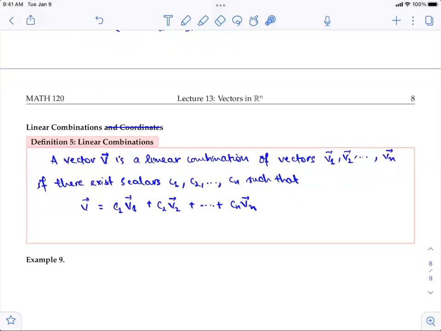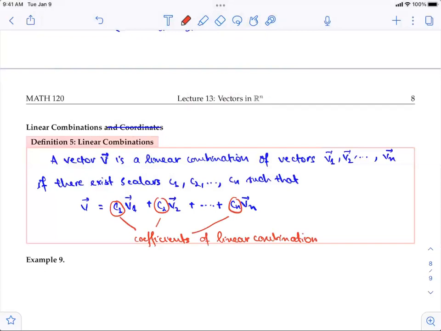And you say that v is a linear combination of vectors v1, v2 up to vn. In this case, the values c1, c2, cn are called the coefficients of the linear combination. So these are the definitions.